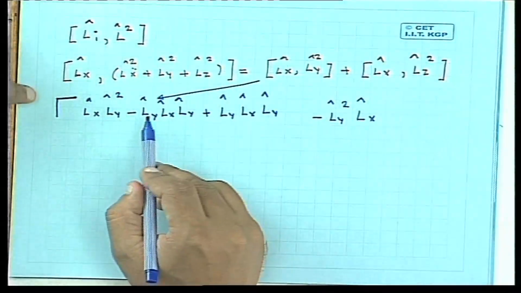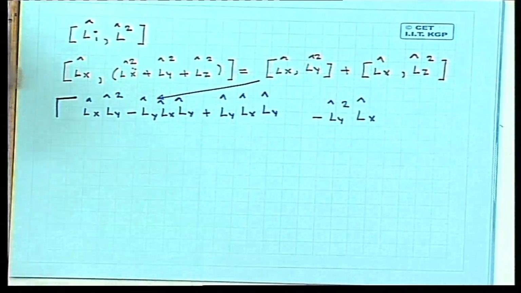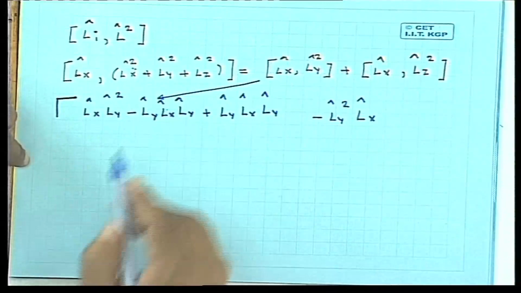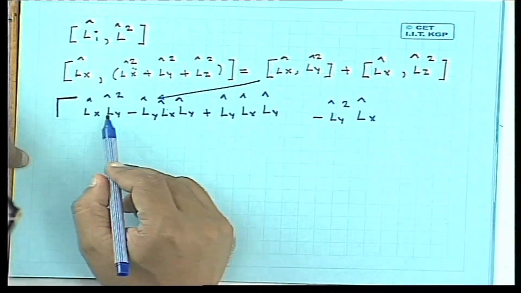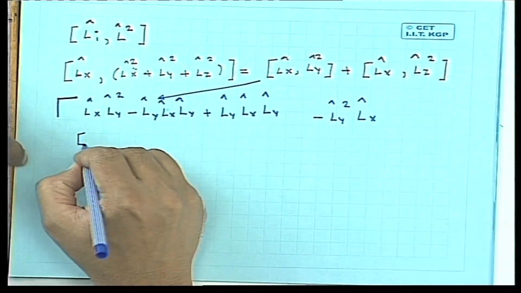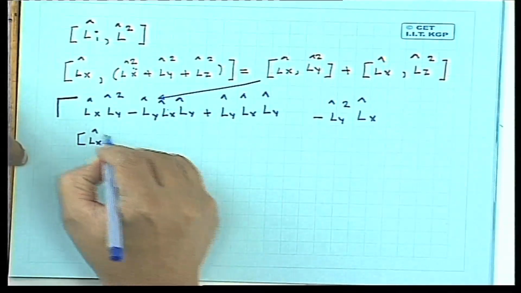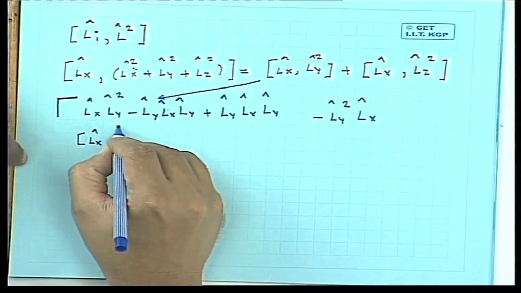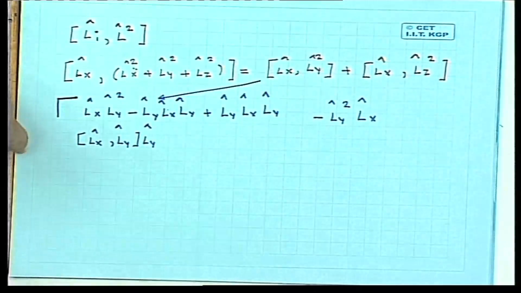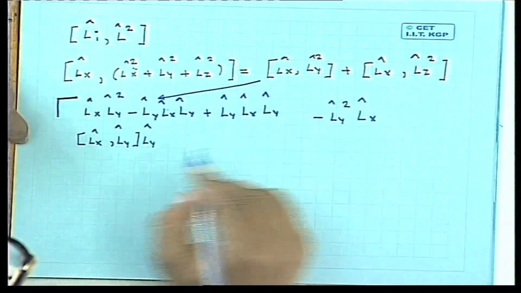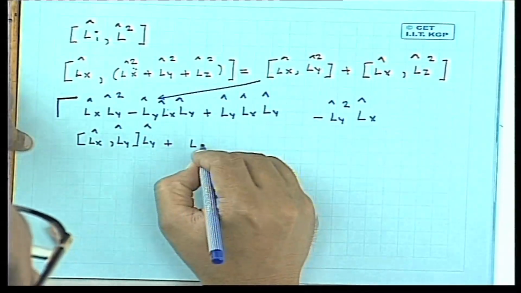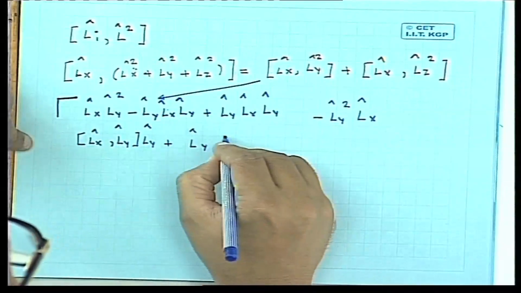So, I am putting in two more terms which exactly cancel out. Now, I can write the first two terms by taking Ly common on the right hand side, and the first two terms become the commutator of Lx with Ly, and the second two terms become the commutator where I take Ly common on the left hand side.